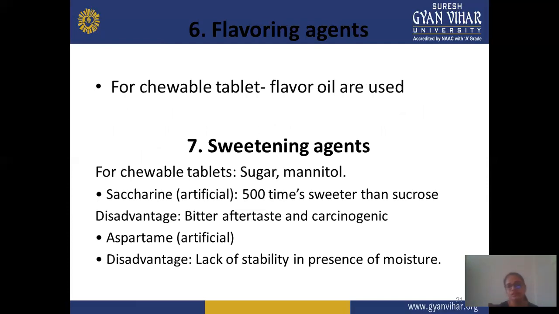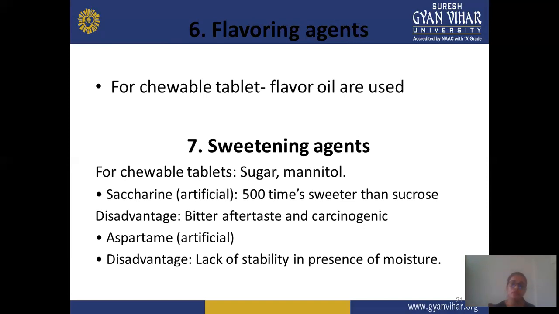Next is the flavoring agent. Flavoring agent is also used for certain tablets to improve taste or for preparing small children's formulations. This flavoring agent is mainly used for chewable tablets, or you add certain flavor oil to improve the flavor of the tablet. If you are formulating a chewable tablet, it is difficult to chew the tablet with a bitter taste or bad odor.